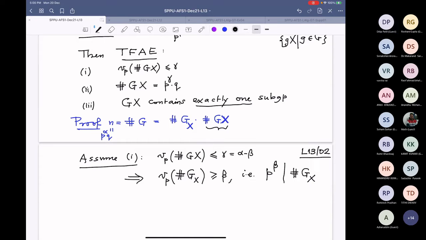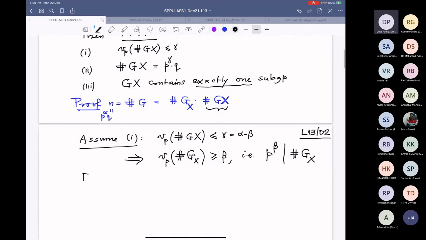All right. Now let us take any x in X, and look at the right quotient, G isotropy times x. I claim that this is contained in capital X. Do you agree? See, what does isotropy do?